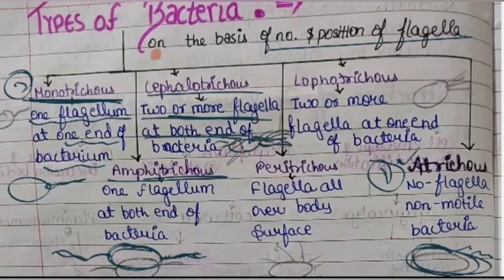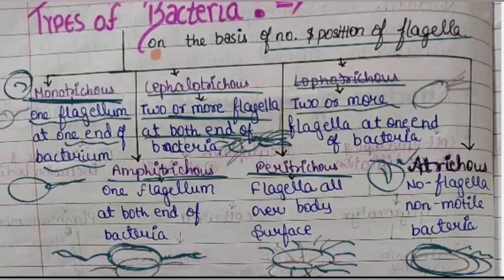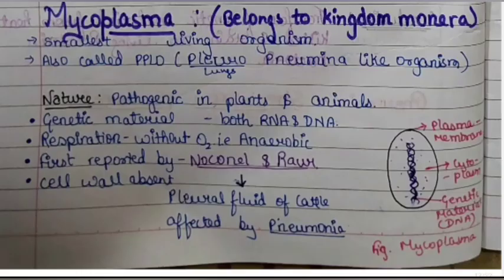We can see in the diagram here that more than two flagella can be present. Then the next one is peritrichous. So in case of peritrichous, flagella are present all over the body surface of a bacteria. Then the next one is lophotrichous, means two or more flagella can be present at only one end of a bacteria.